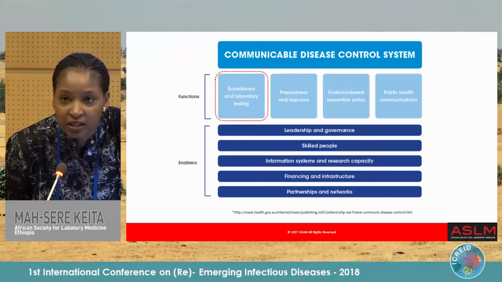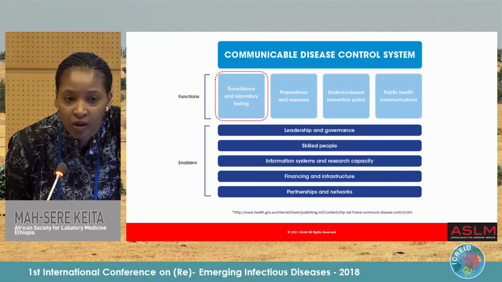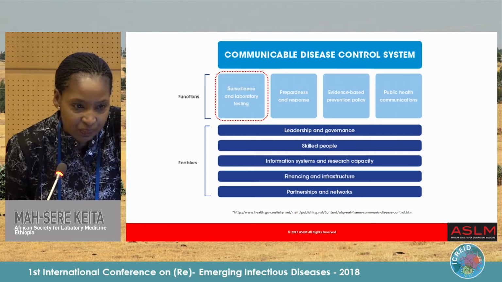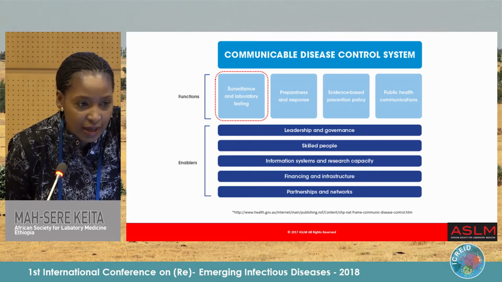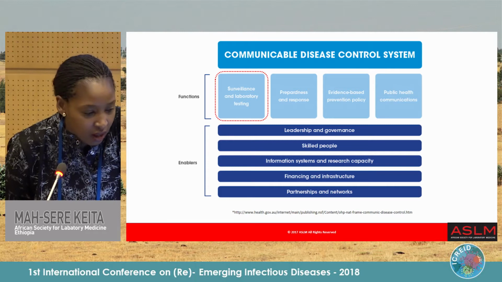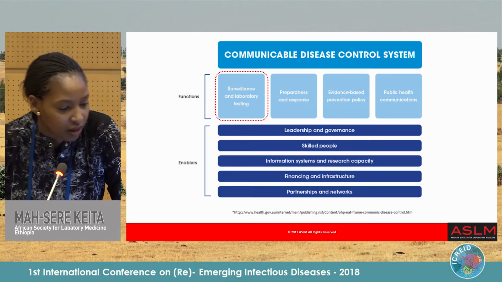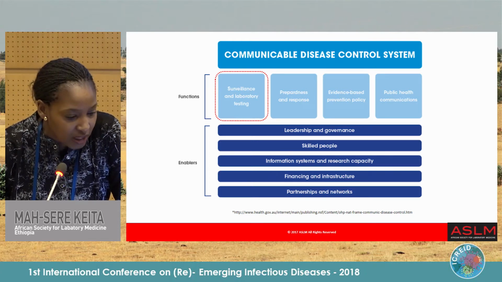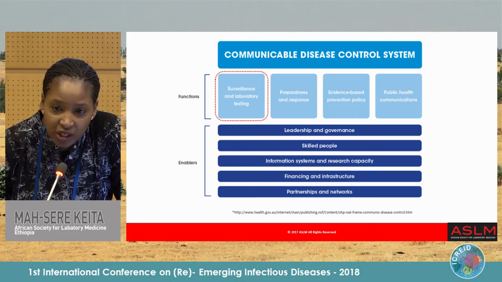When we're looking at a communicable disease control system that functions properly, there are different functions, including surveillance and laboratory testing, preparedness and response, evidence-based prevention policy, and then public health communications.